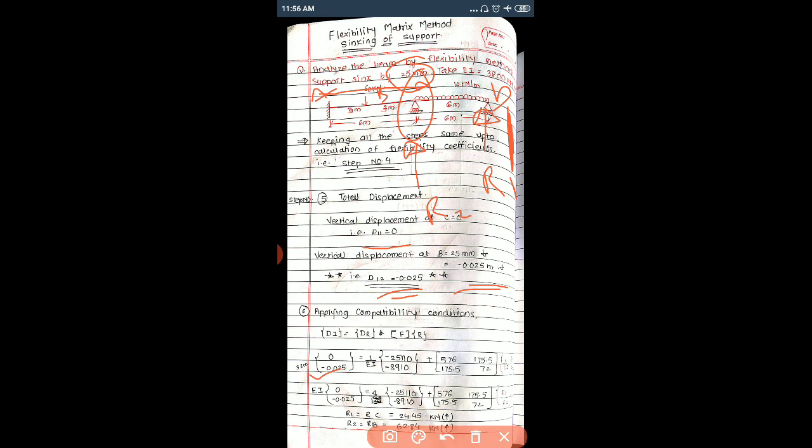All the steps up to step number 4, that means up to the calculation of flexibility coefficients, are the same. Now, how to calculate the equation I have shown over here: 1 upon EI, R1 in the first row and R2 below.